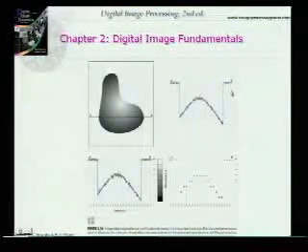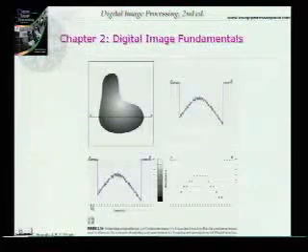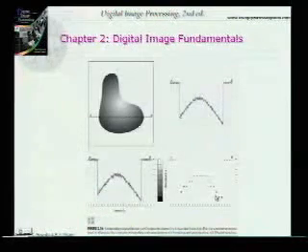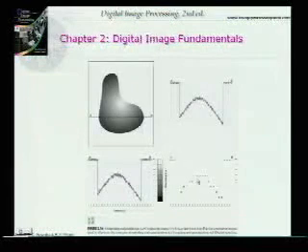Now here is the same function after it's been sampled in the space domain, so you have discreteness along the x-axis here, and here is after you've also quantized the amplitude, and this is the quantization scale. As you can see, by the time you're done with that, you get a function like this.